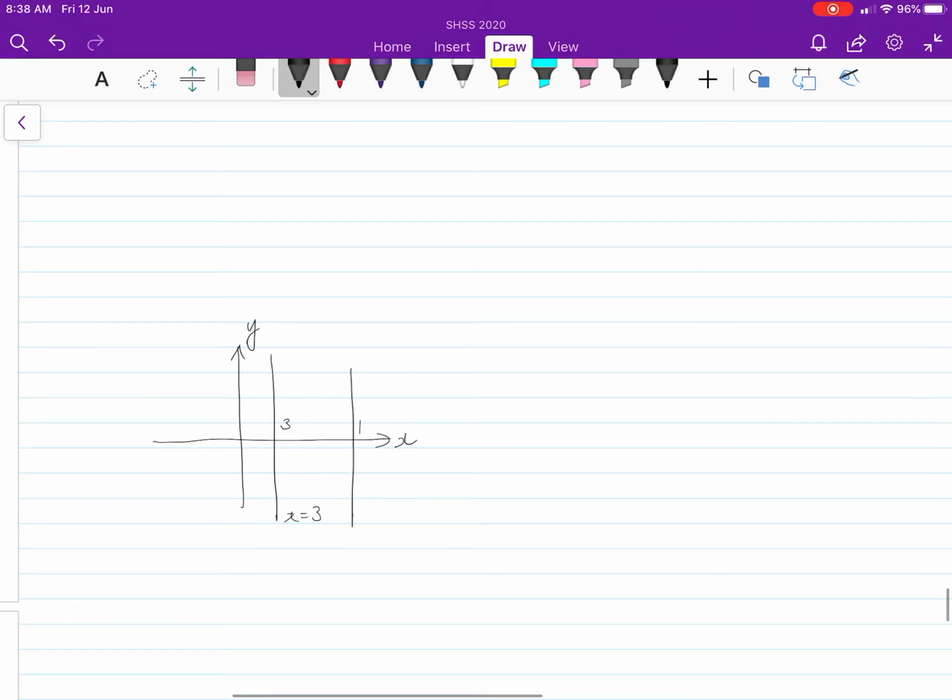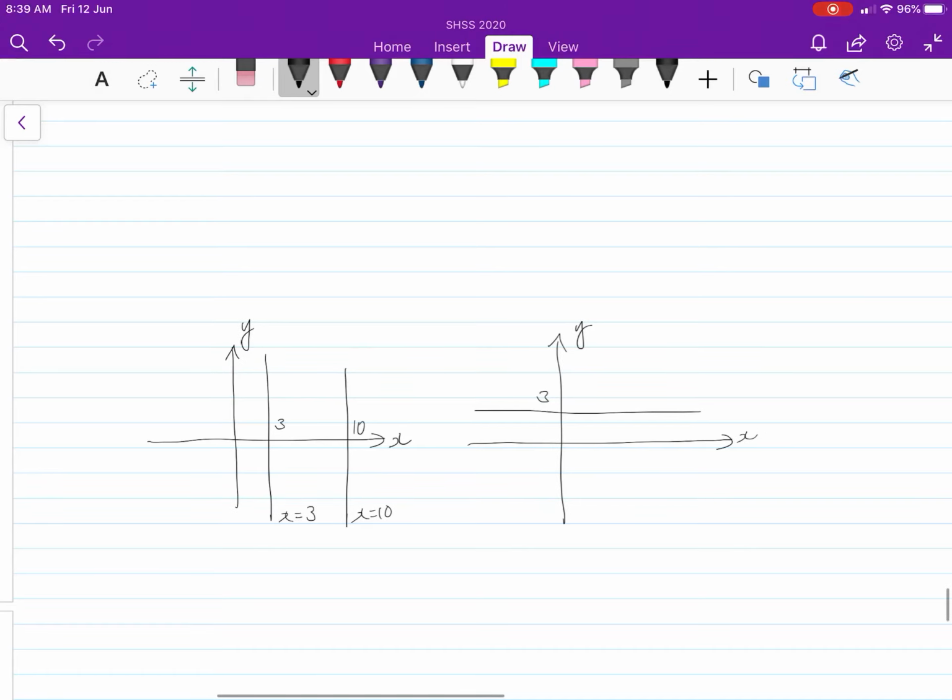If it's here, 10, then the equation is x equals 10. Conversely, if you have a horizontal line that cuts the y-axis at 3, this line is y equals 3.